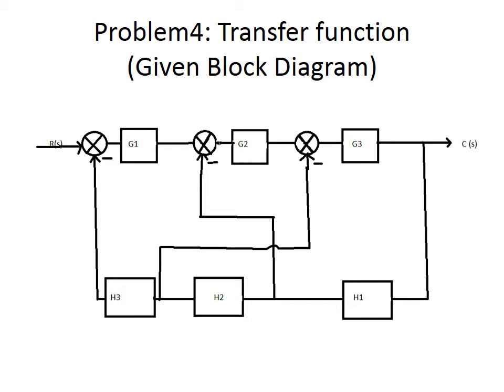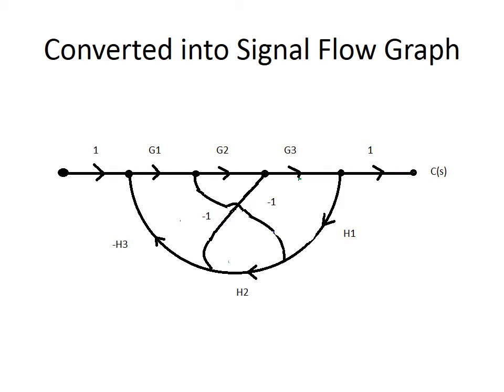We see here three summers and three forward gains G1, G2, G3, three feedback gains H1, H2, H3 with an input of R(S) leading to output C(S) with a negative feedback. Now the previous problem is redrawn.